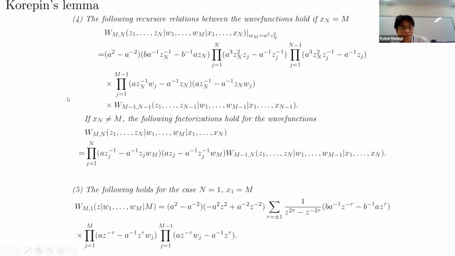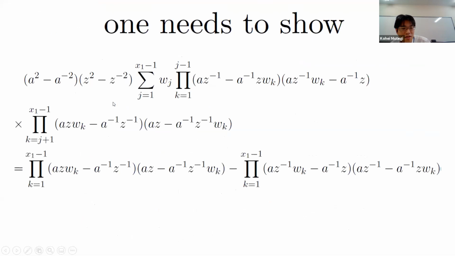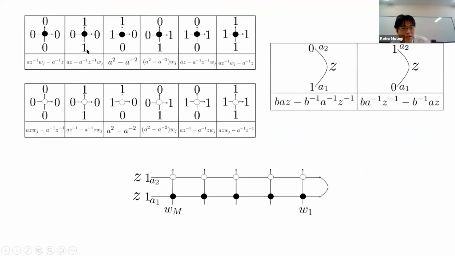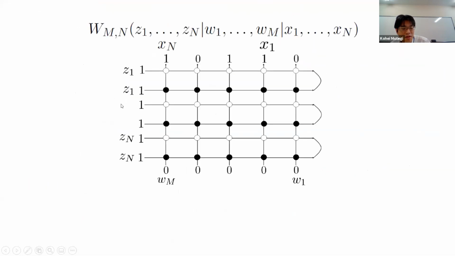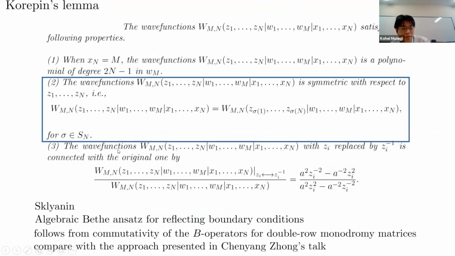And for example, this kind of symmetry, this symmetry with respect to the zero variables can be proven, for example, by the commutativity of the B operators for the double row monodromy matrices.